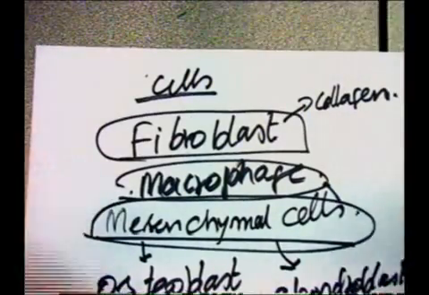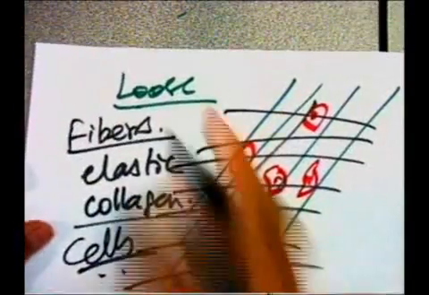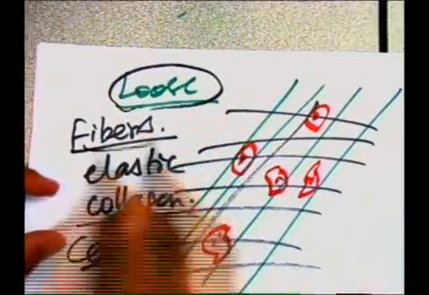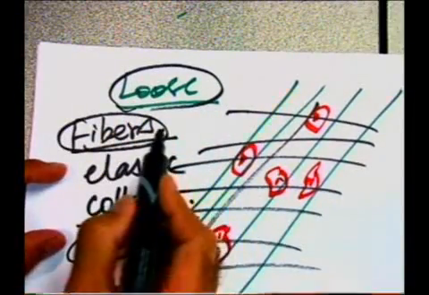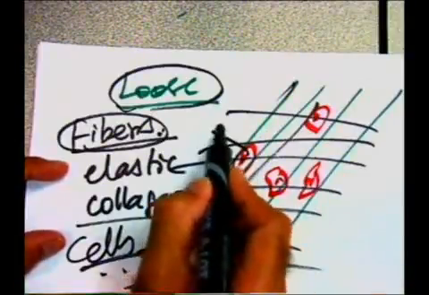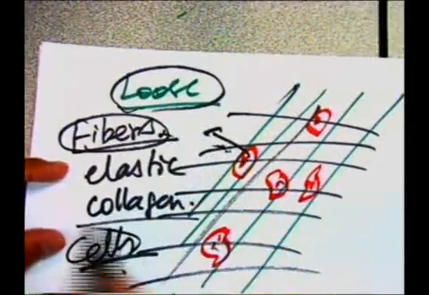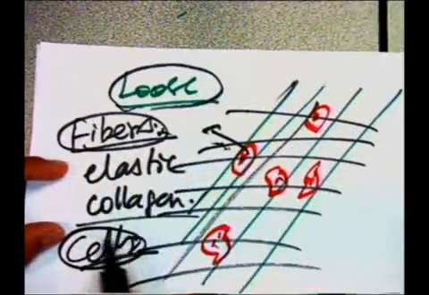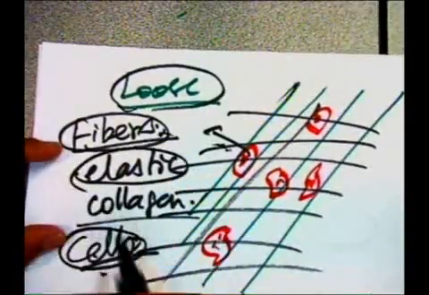So, when you see, I'll come back later, the loose connective tissue is made up of fibers, and these fibers are synthesized by fibroblast cells. One of the cells will produce collagen fibers, and one of the cells produces elastic fibers.